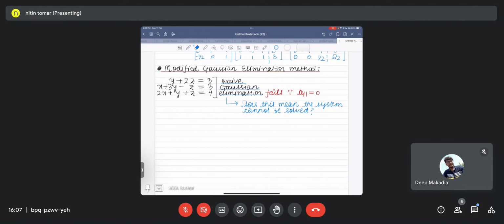So we can rearrange the rows in such a way that A11 will be the maximum out of all the rows. Yes, so this is precisely the modification.